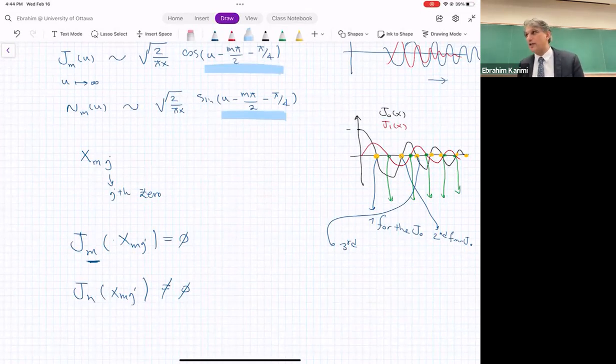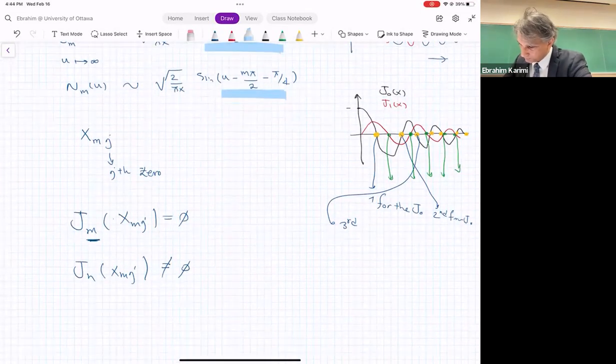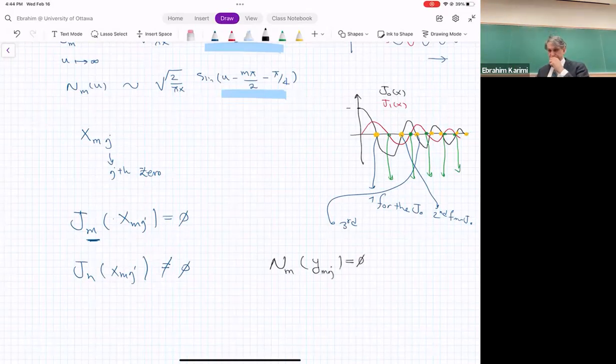If you want to talk about Nm explicitly, you have to introduce the zeros points that people usually call ymj, so that Nm of ymj is equal to 0. Any questions? I think we are good.